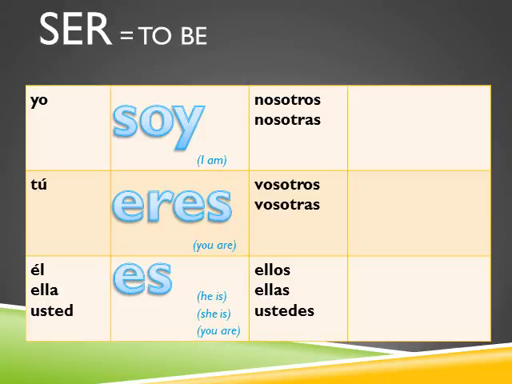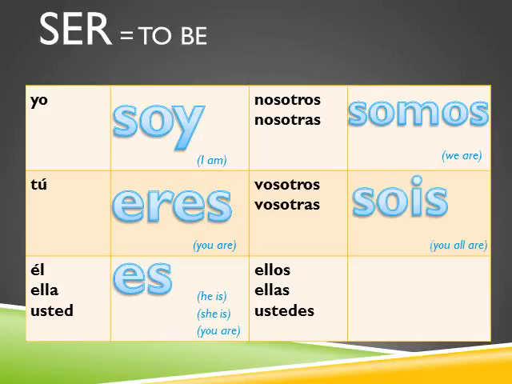For the nosotros and nosotras form, we have one conjugation as well, and that is somos. So we have nosotros somos, that means we are, and nosotras somos, which is we are as well. For vosotros and vosotras, we have the verb conjugation sois of ser. Okay? So both of those, vosotras sois and vosotros sois, means you all are.